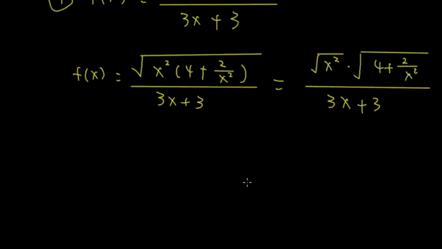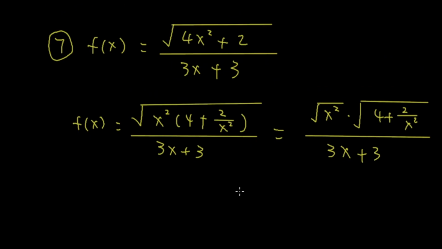Okay. Well, actually, square root of x squared is x, right? So what we can do is factor the x out in the denominator. So we have this: x times 3 plus 3 over x.